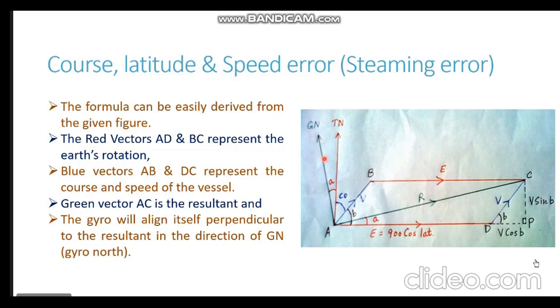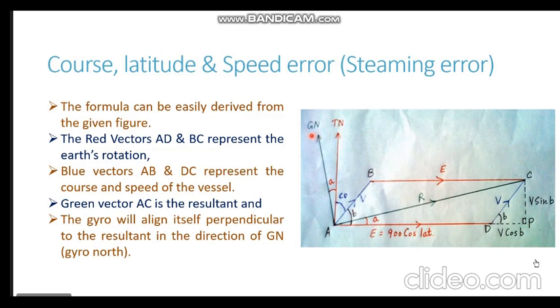Now we know the true north direction is perpendicular to the easterly direction. The red color vector represents the easterly direction, alpha to delta. So if we draw a line perpendicular to it, you see a perpendicular line is drawn. This line represents the true north. So we can see here that the gyro is now pointing in a different direction than the true north.